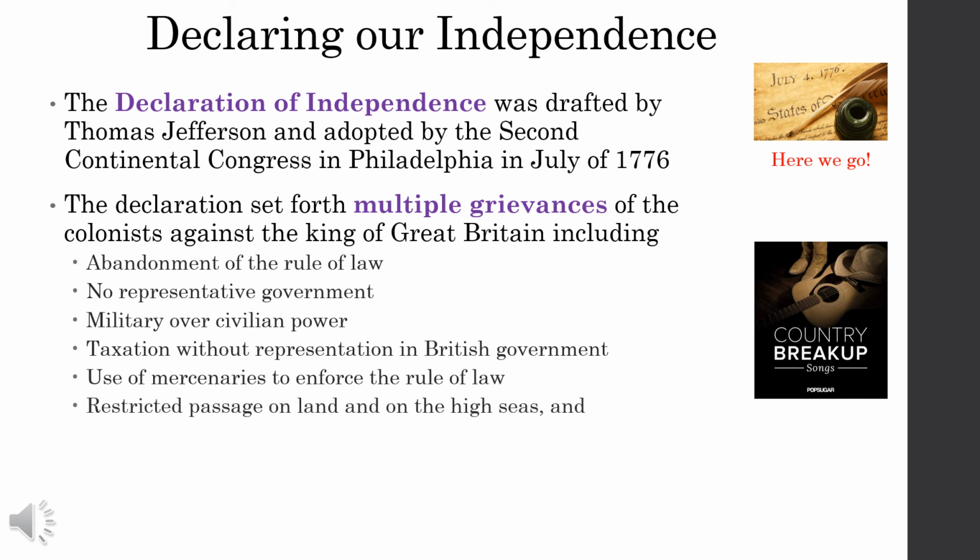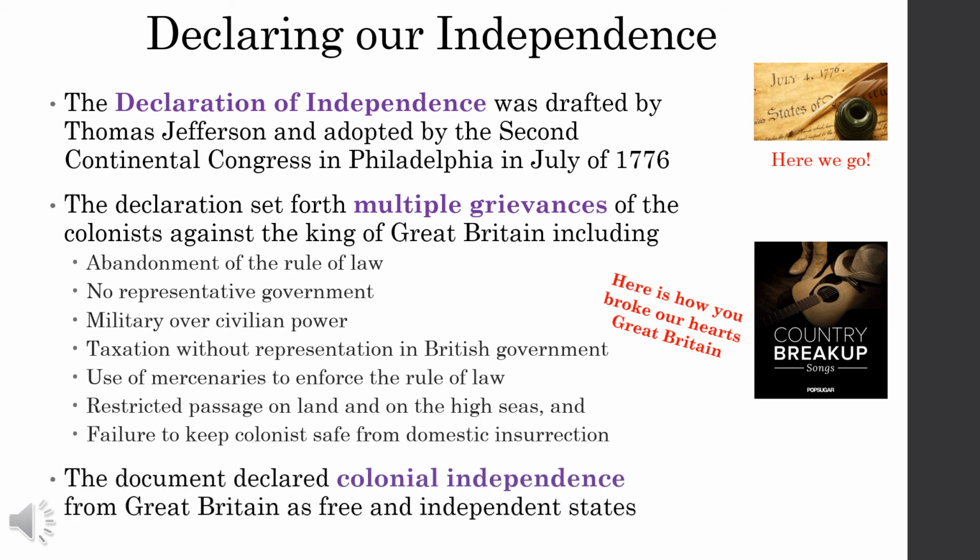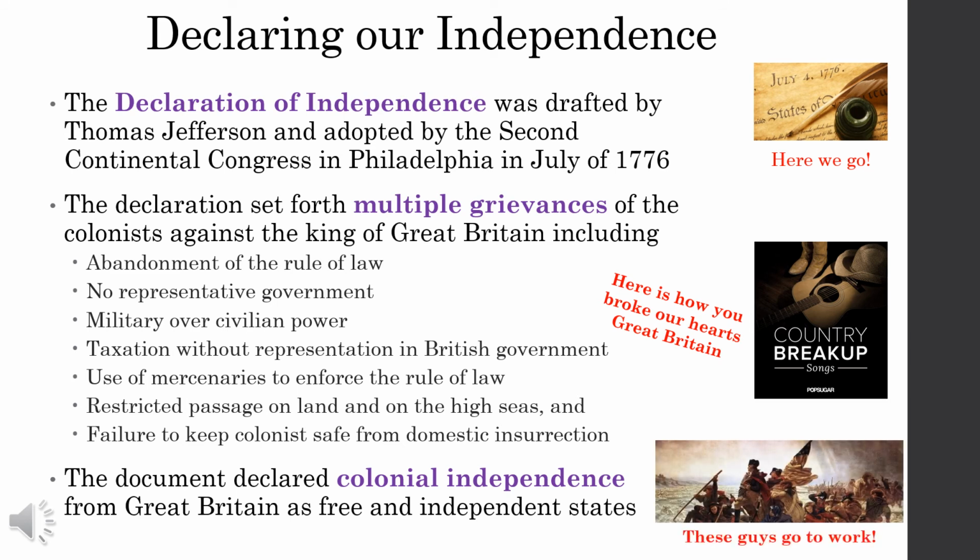You've restricted passage on land and on the high seas, and you failed to keep colonists safe from domestic insurrection. Colonists are going after colonists. Here's how you broke our hearts, Great Britain. The second thing the Declaration does is the document declared colonial independence from Great Britain as free and independent states. Because of this document, these guys go to work. Go to the next slide.